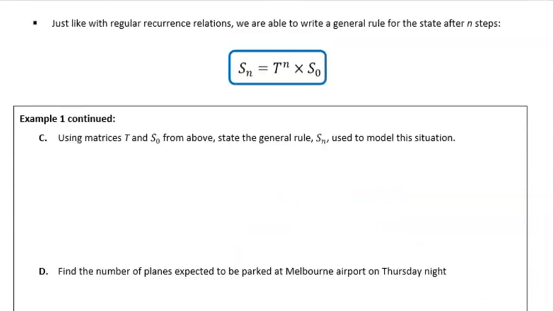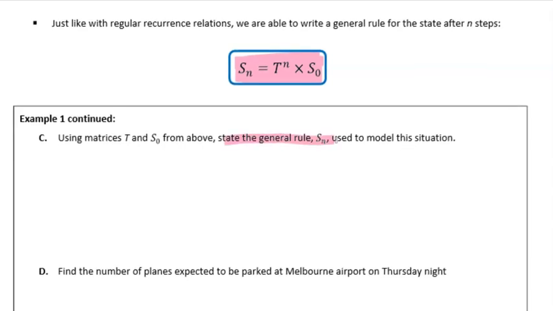Much like we looked at previously with recurrence relations, we can also convert a recurrence relation into a general rule. And so that's what we have here with the state Sn. So any state after any number of transitions, we can find by doing our transition matrix to the power of that number of transitions times our initial state. So firstly, we need to be confident that we can convert our recurrence relation form into a general rule form. And so that's what we're being asked to do here.